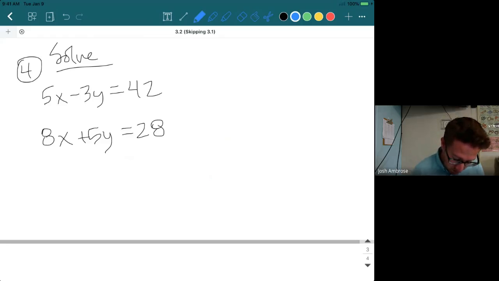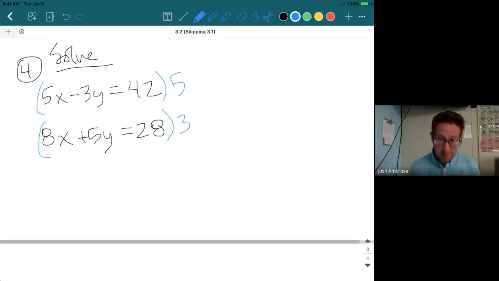So what we could do is we could take this entire equation and multiply it by 5, and this entire equation and multiply it by 3, okay? And if we do that, what we're going to see is our y coefficients will both perfectly match up because they will both be 15.